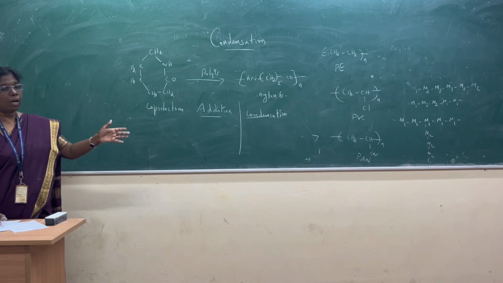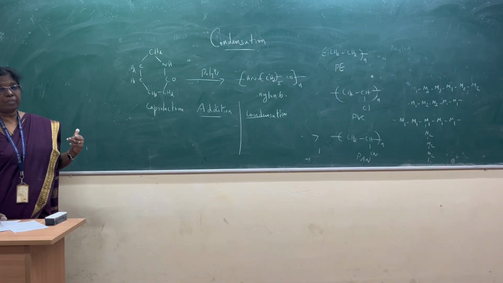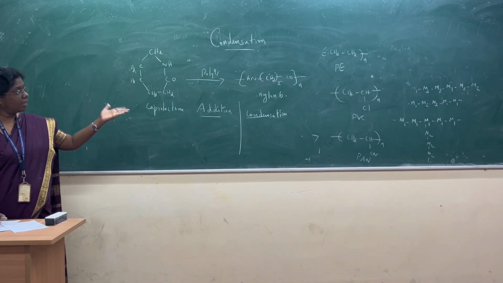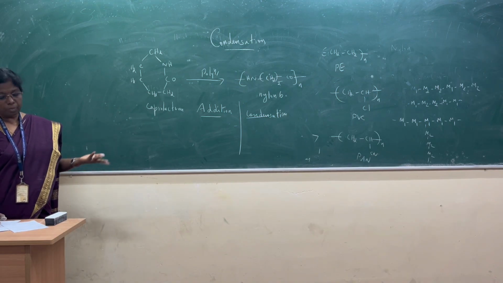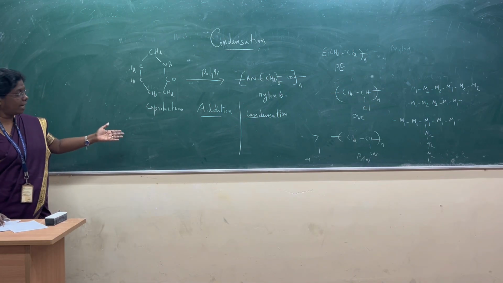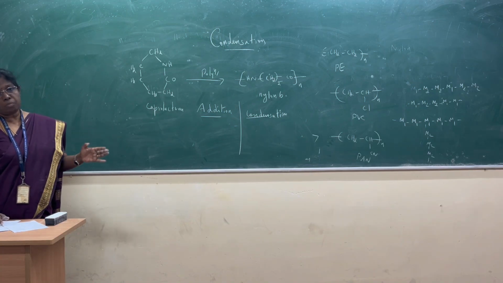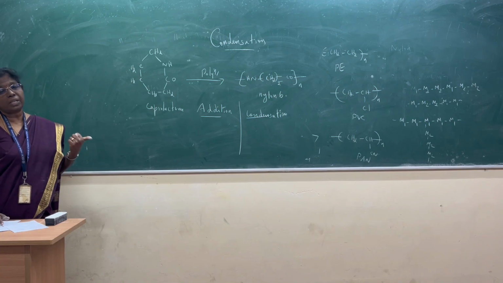For condensation polymerization, it is not an exact multiple, because sometimes water is eliminated and sometimes it is not. Also, a homo chain polymer is obtained for addition, and a hetero chain polymer for condensation. We have already studied homo chain and hetero chain.